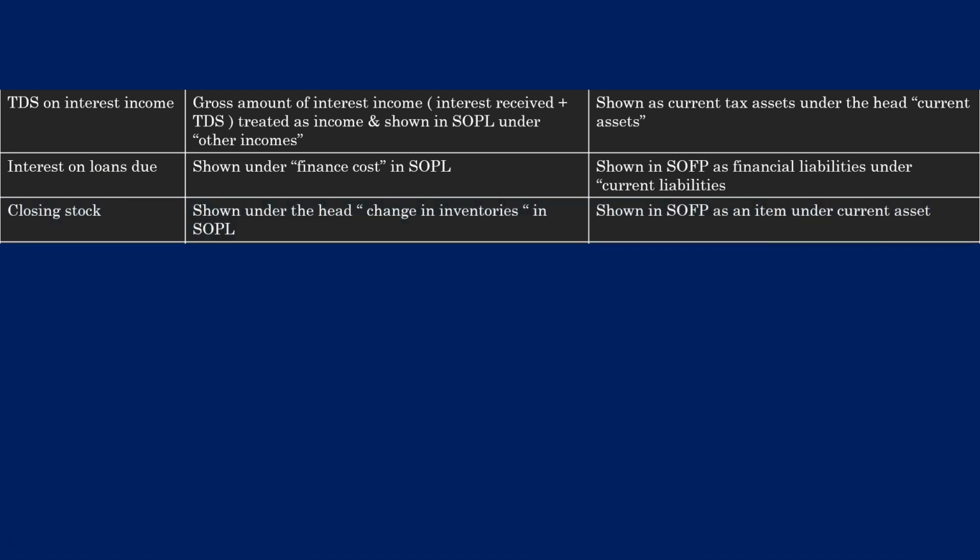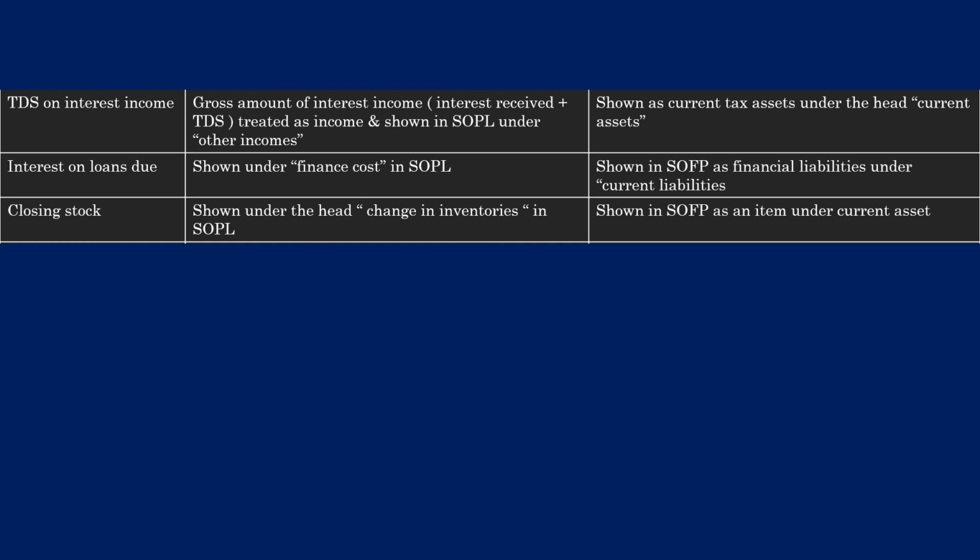Next one, closing stock. This is a common type of adjustment we have all dealt with while preparing financial statements. It will be given in the adjustment. So where do we have to show it? The preparation of the statement of profit and loss is almost similar to the trading profit and loss, but there are some changes while dealing with certain items.